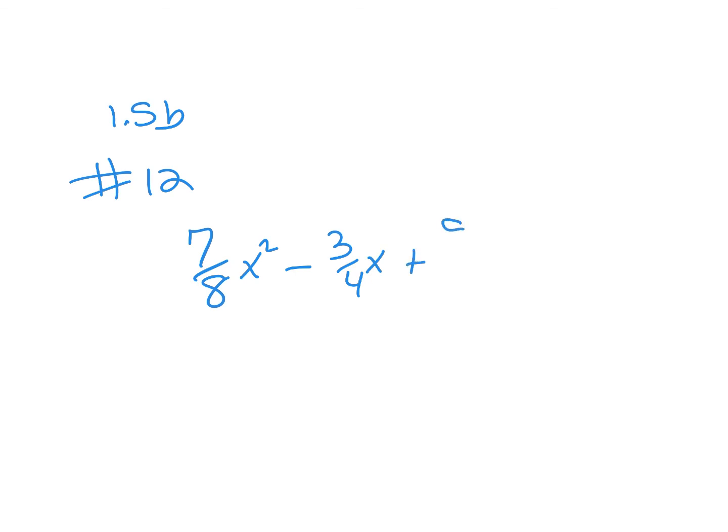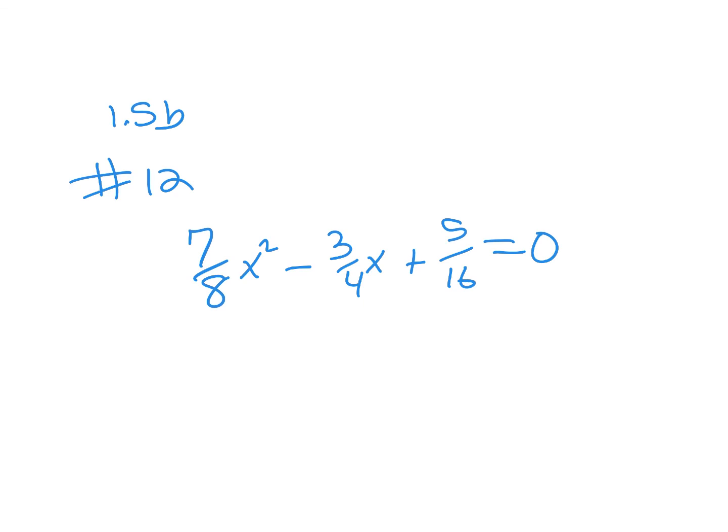So this is number 12, still from 1.5b. And the question is, okay, this is a good one because you've got fractions here. Let me go through this. 7/8 x squared minus 3/4 x plus 5/16 equals 0.